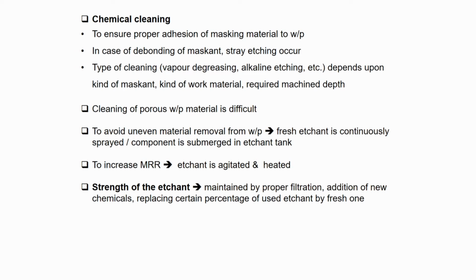That's why the etchant should be filtered properly before recirculation, by adding new chemicals or replacing a certain percentage of used etchant with fresh one. To avoid uneven material removal rate, fresh etchant is continuously sprayed on the component, or the component is submerged into the etchant tank.